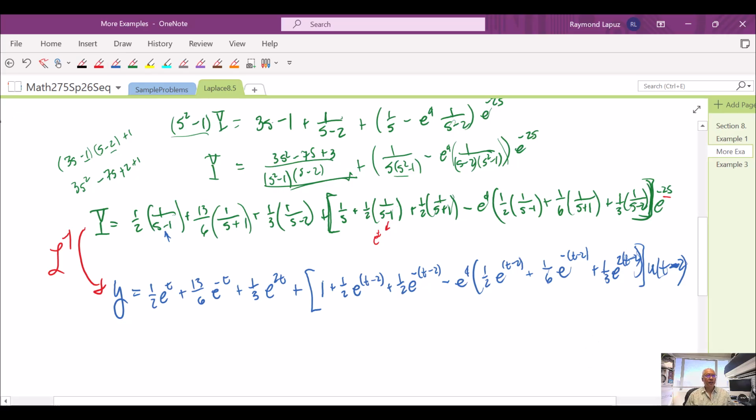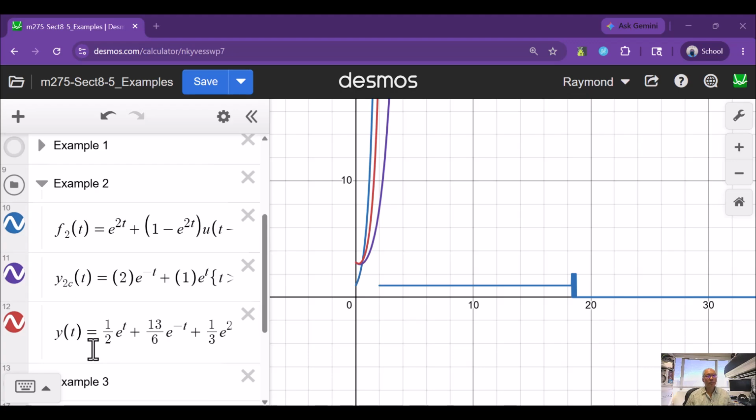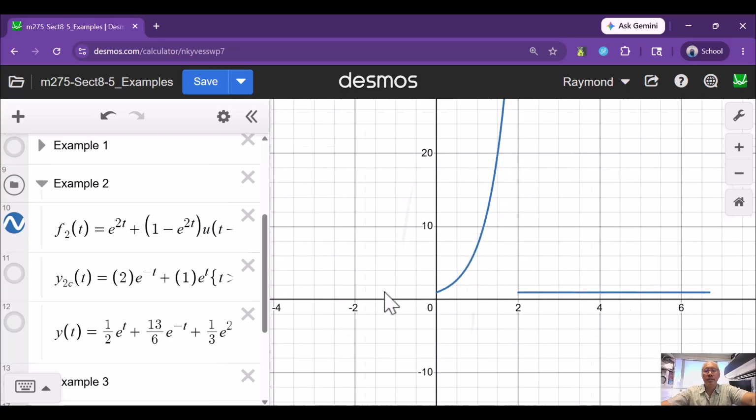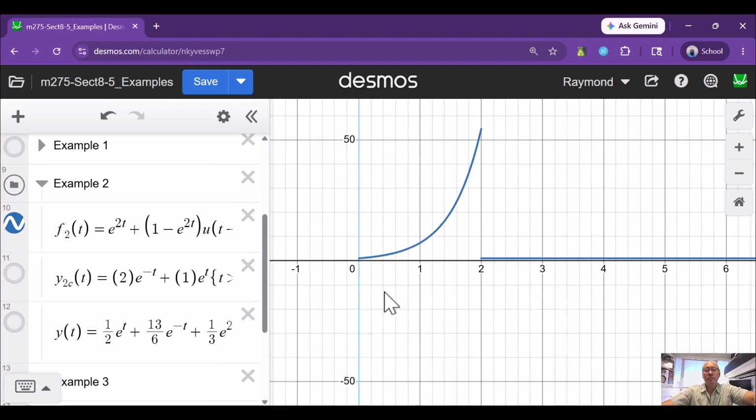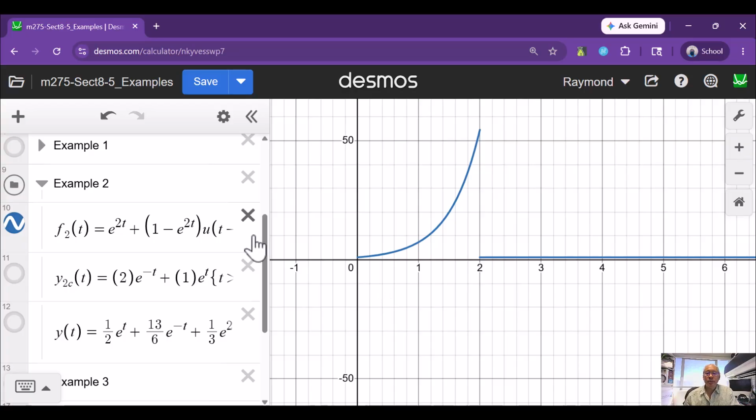Let's see if I have the graph for this. All right, here goes the graph. It's not very interesting because you got a lot of exponential functions, and I think it might be better if we expand this and shrink the y, and maybe this is the way to look at it. This is the solution to the complementary equation.